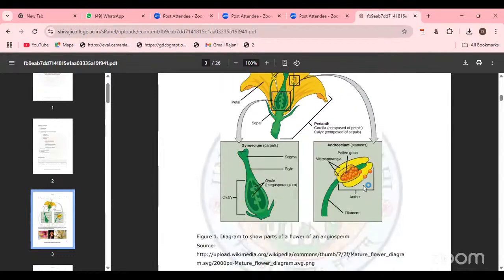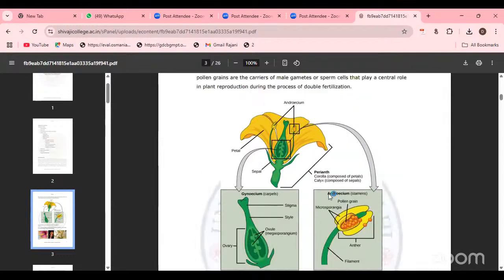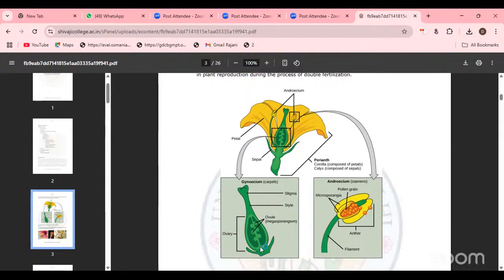This diagram you can observe. This is a complete flower. In the flower, the green colored part is the gynoecium. These are the androecium. The gynoecium is made of carpels, and the androecium is made of stamens. In the gynoecium you can observe the ovules, which are megasporangia. The whole structure is called the ovary.